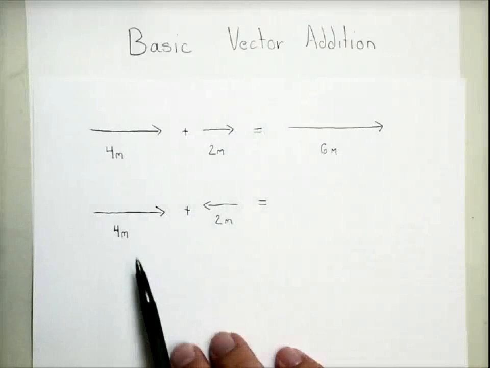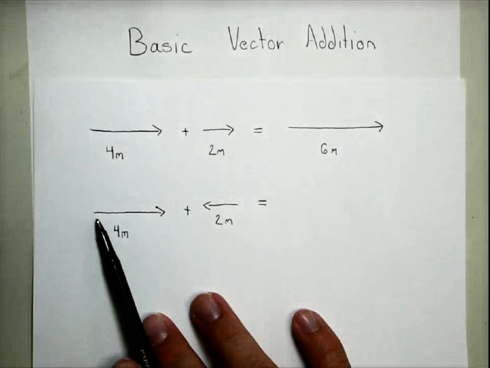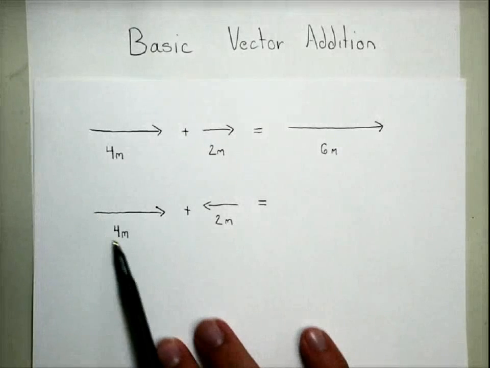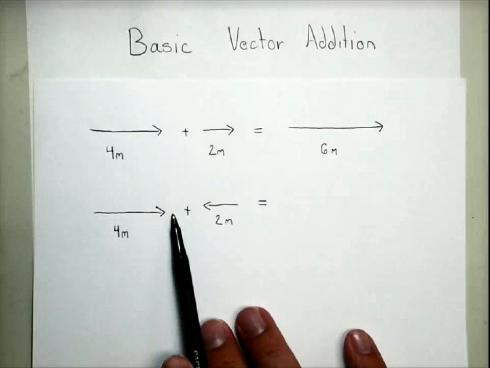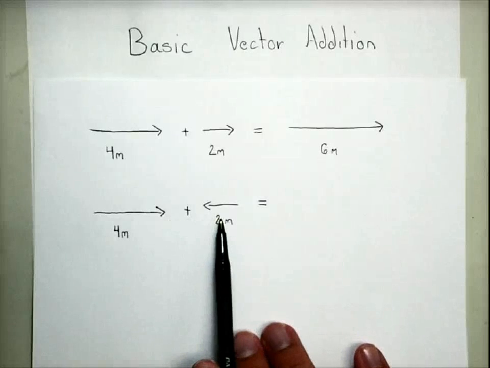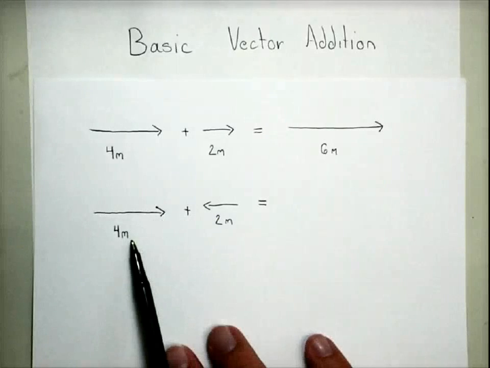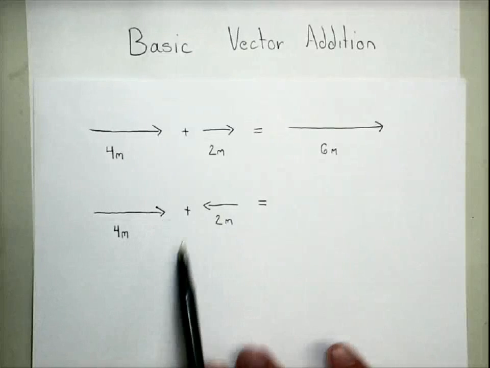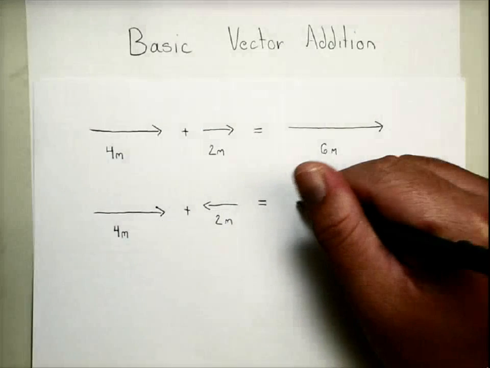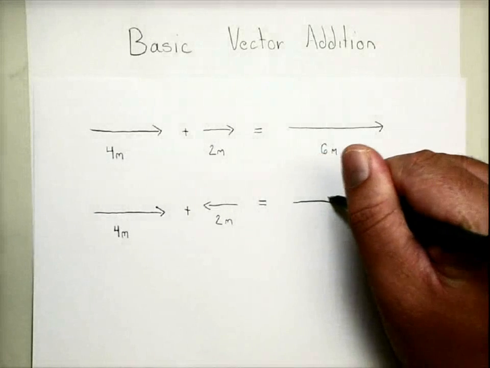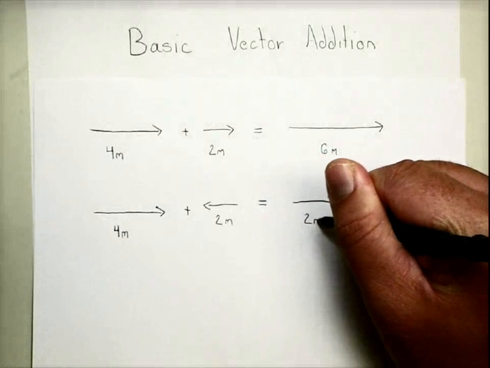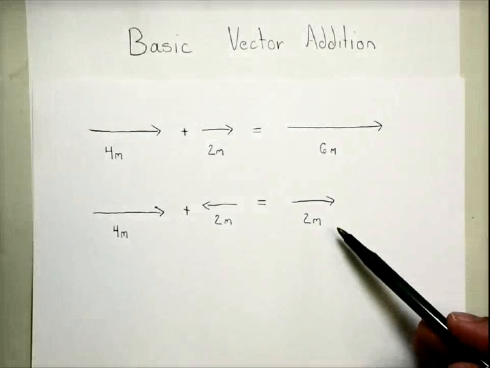So now, the physical situation, if you want to think of it that way, we've got a person has a displacement of 4 meters, and then they displace themselves 2 meters, but this time it's to the left. So when we do this, this basically is just turning into a subtraction problem. And so now our answer is 2 meters to the right.